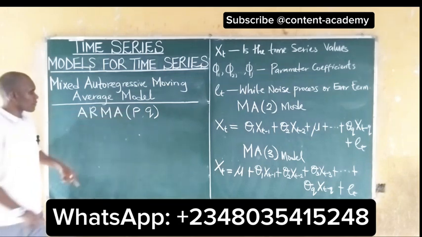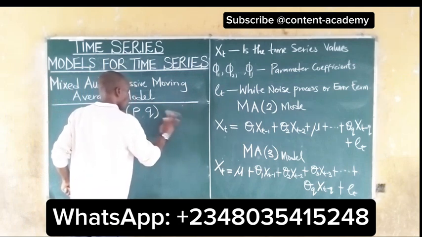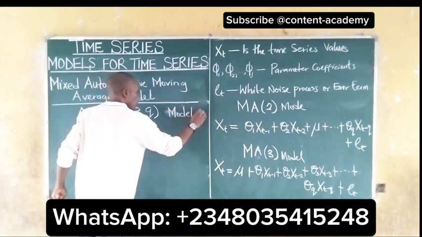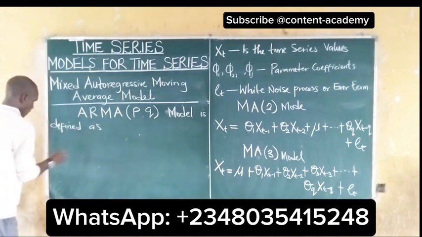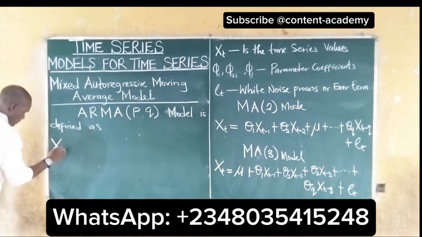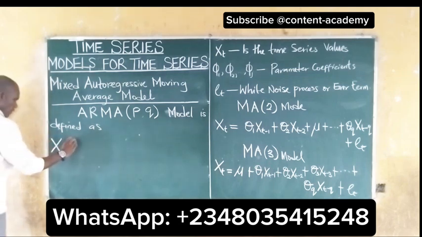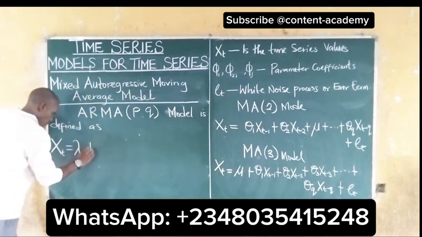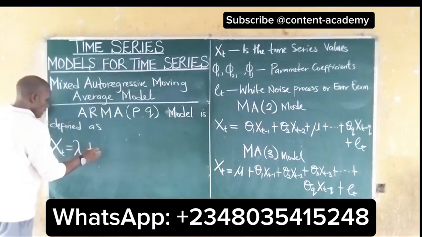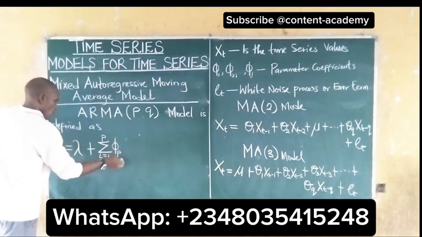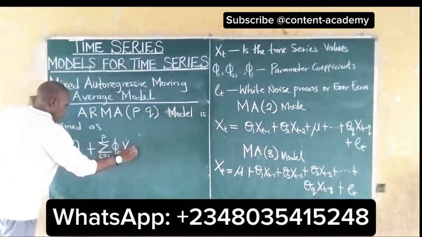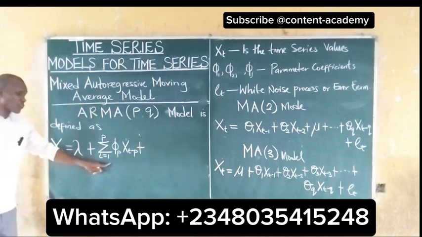So we can write the model itself. It is defined as xt equal to the constant plus, we now put down that of the autoregressive: summation of i running from 1 to p, phi i x t minus i, plus, because it is combined, this is for the autoregressive.